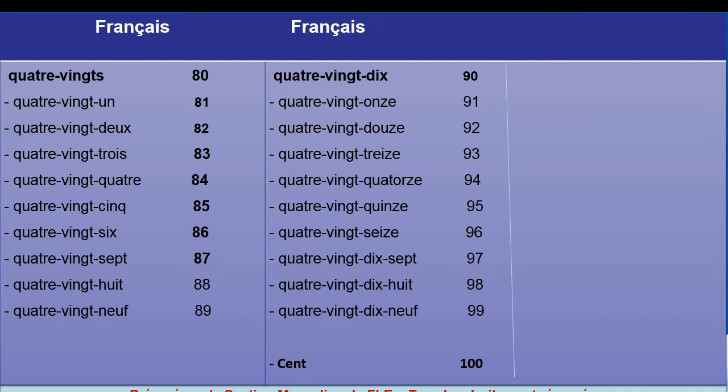After that, I told the students how to count to 100. 100 is cent, and also, only to understand more, and not in the material, it is easy to count till 900 the same way. 100 is cent, 200 is deux cents, 300, 400, 500, 600.